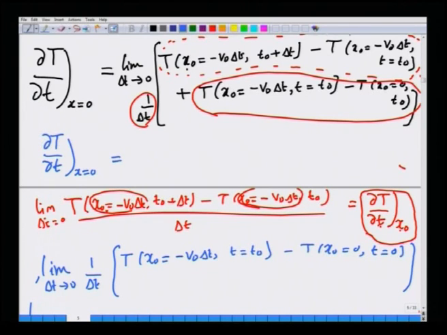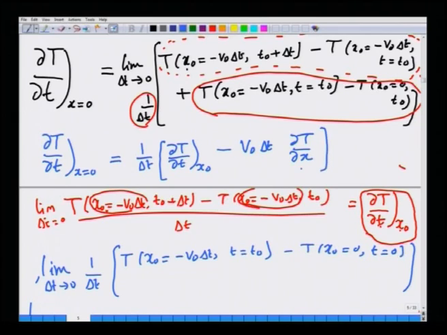We still have 1 over delta t, limit delta t going to 0. Well, we have taken the limiting process, so let us remove the limit now. The first term we already simplified to partial T partial t at x 0. The second term is now simplifying to minus v 0 delta t partial T partial x.